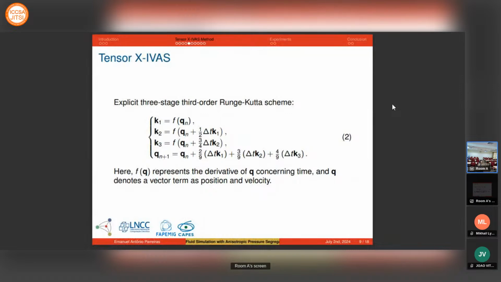To calculate the explicit part, we use the third order Runge-Kutta scheme, shown in the slide.